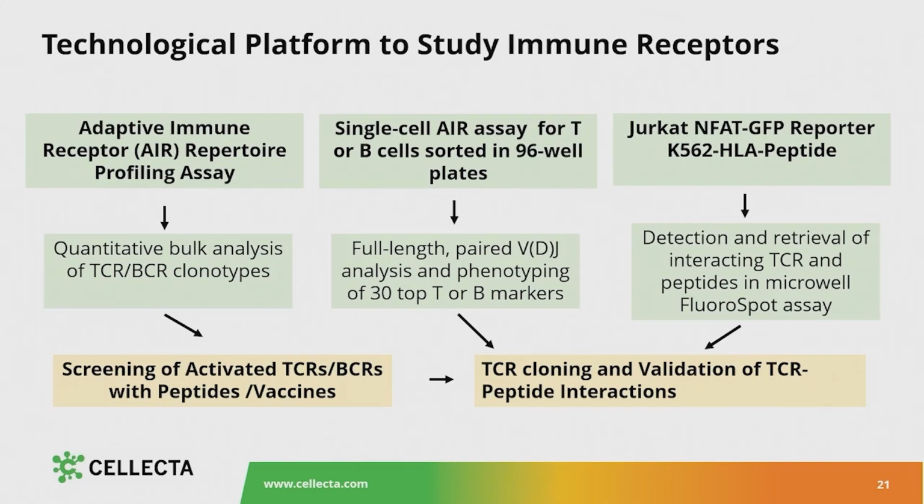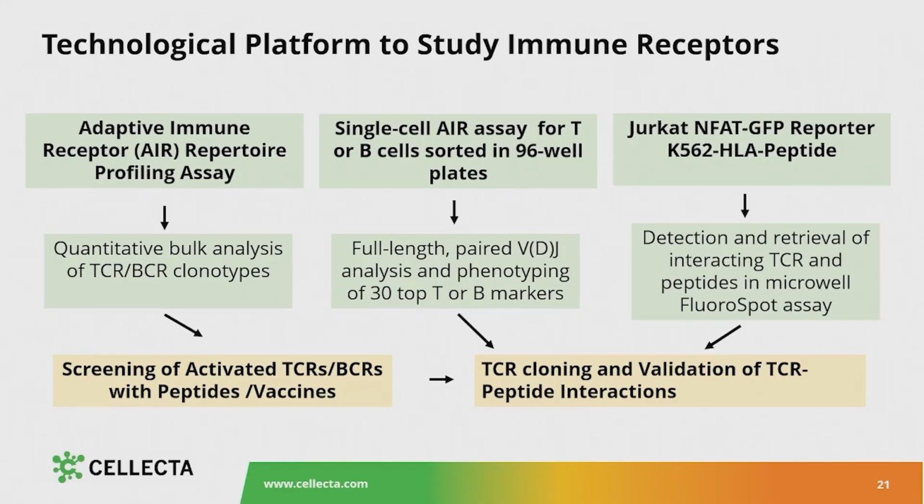First is bulk profiling. If you have RNA or DNA, you can do immune repertoire profiling for T cell receptors and B cell receptors. It is useful for screening immune receptors activated by peptides or a vaccine, for example. We also developed a very similar technology, shown in the middle, which is single cell analysis.